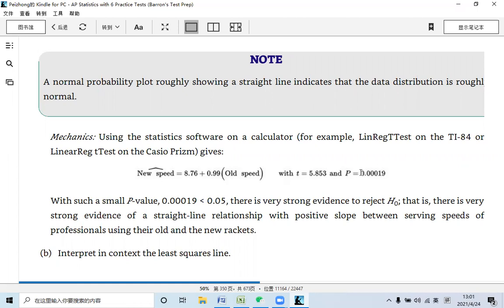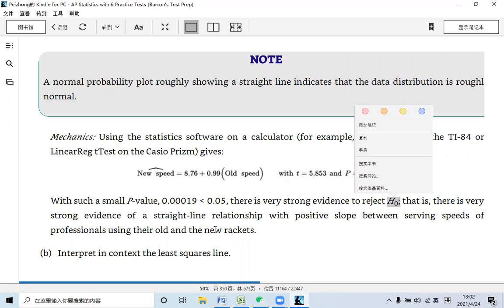This is a key value for statistical significance. You want this p-value to be smaller than 0.05. That means the t-test is statistically significant. That means that you have strong evidence to reject the null hypothesis. What would be the null hypothesis? The null hypothesis says the slope is zero in the population.